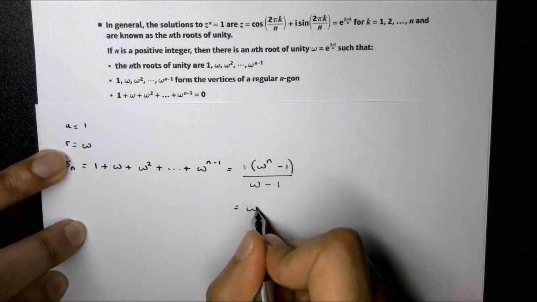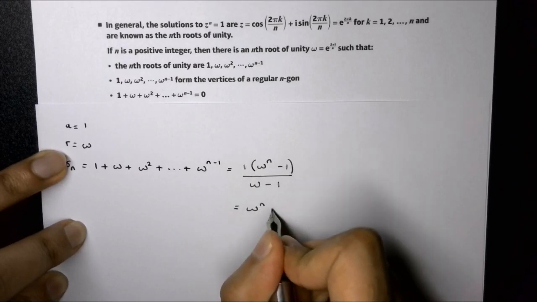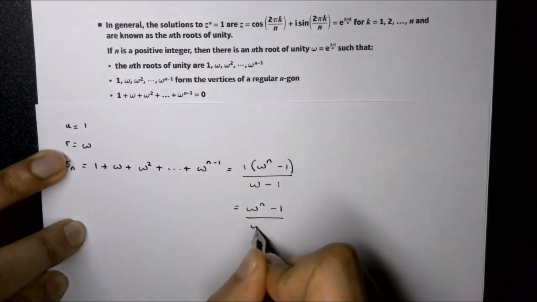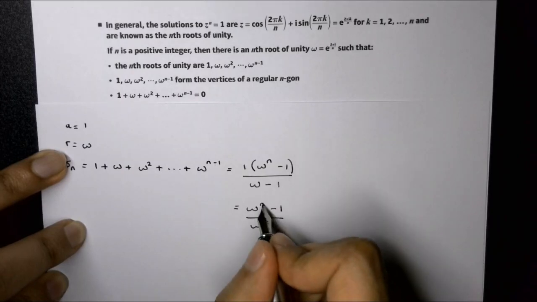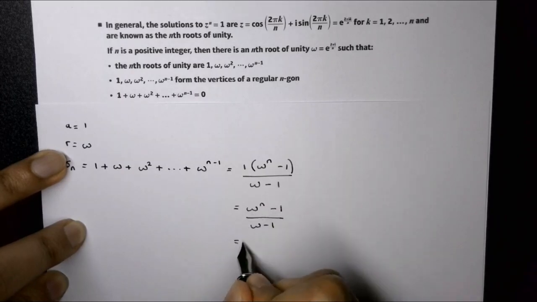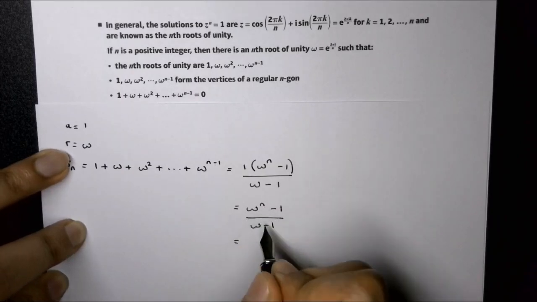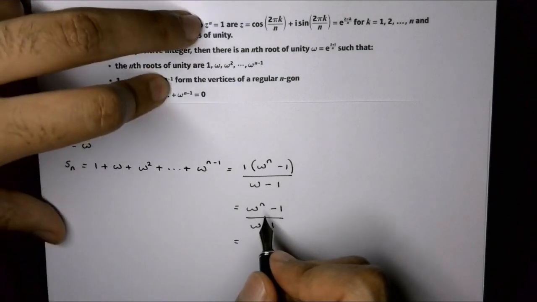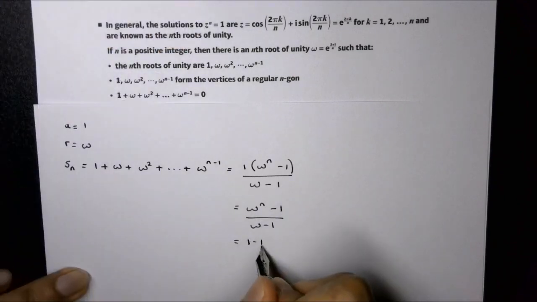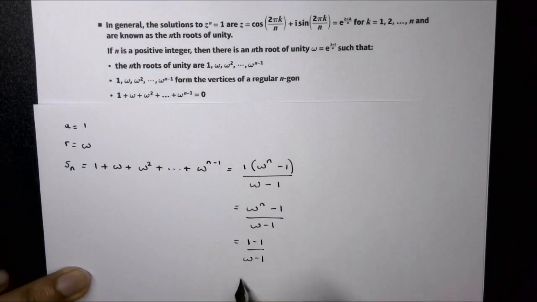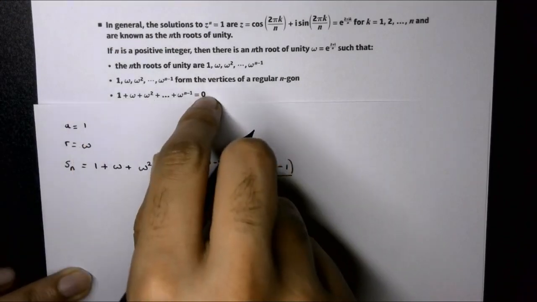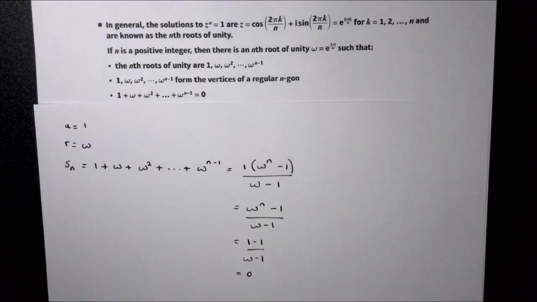So we end up with omega to the n minus 1 over omega minus 1, and because over here omega to the n is equal to 1, so that's using this idea over here, we've got 1 minus 1 over omega minus 1, which is equal to 0. So that's why this result over here works.